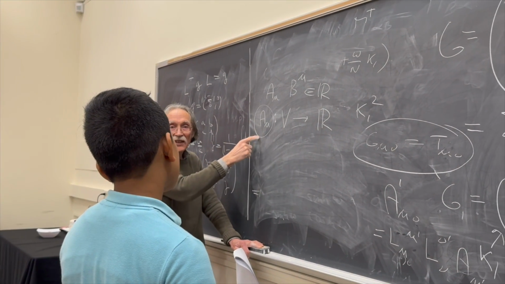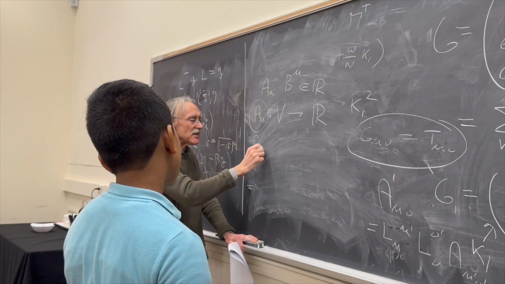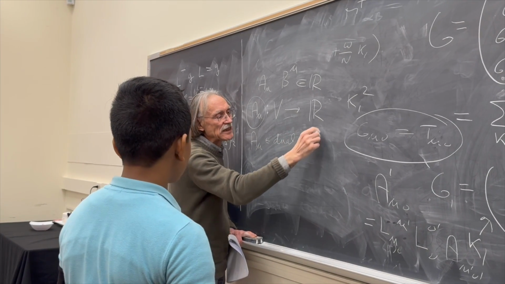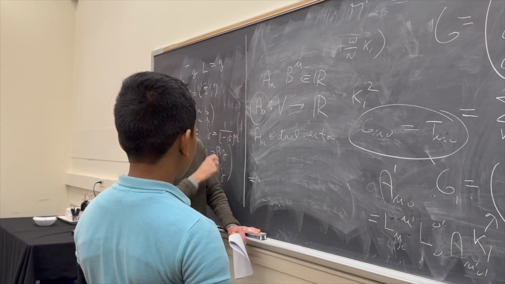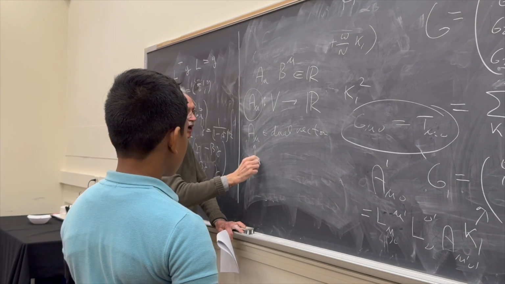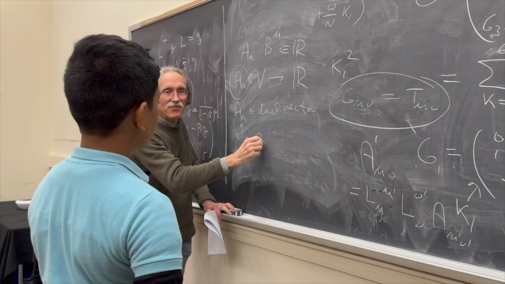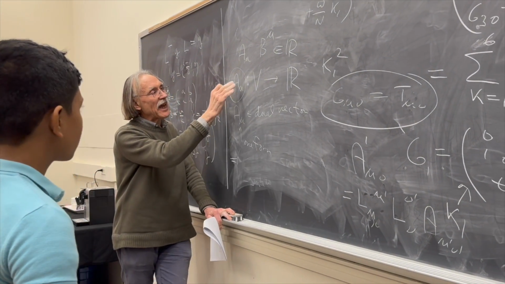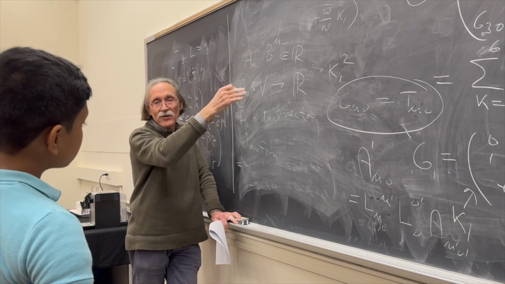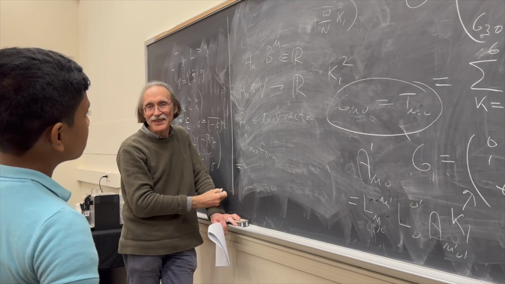There's a different vector space, and A is an element of the so-called dual vector space. So mathematicians look at it this way, and they call this a one-form. They think of it as objects that map vectors to the real numbers.